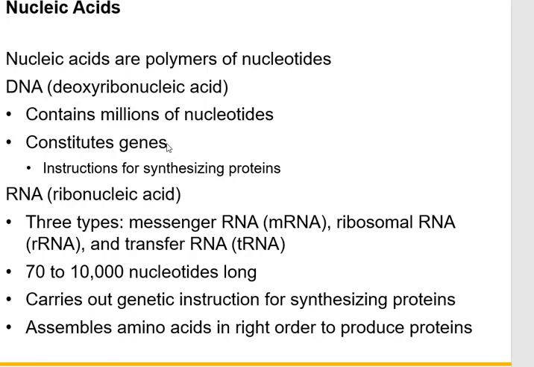We have a whole chapter talking about how DNA makes up our genes and how our genes function and how we inherit various traits. And we're going to learn that there are 3 major types of RNA: the messenger RNA, the ribosomal RNA, and transfer RNA. So this is it for the chemistry chapter.